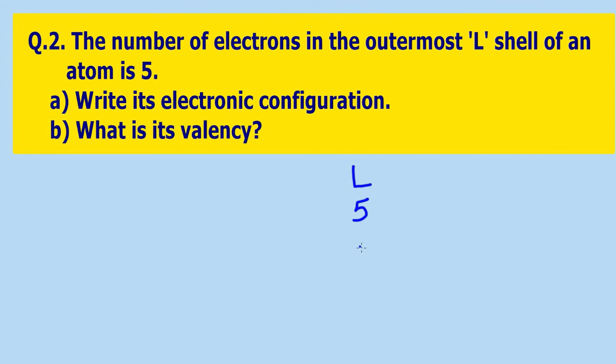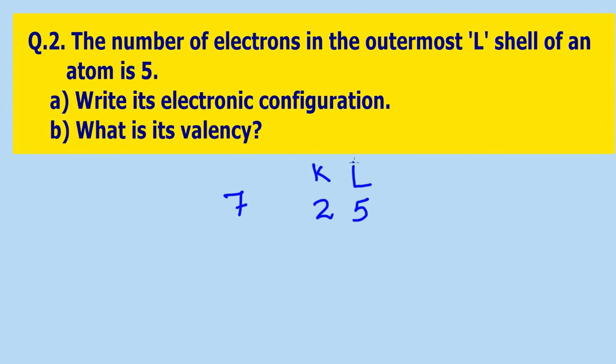According to the Bohr-Bury scheme of electronic distribution, the electrons are filled in a stepwise manner. That means first K shell will be filled, only then L shell will be filled. It means if 5 electrons are present in the L shell, definitely K shell will be having 2 electrons in it. So the total number of electrons will be 7 and electronic configuration is 2, 5.